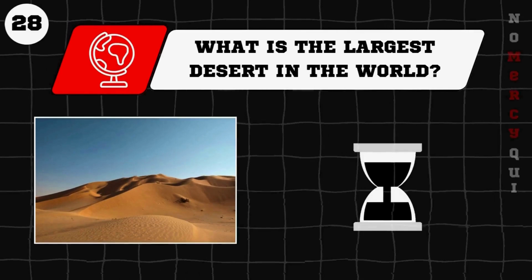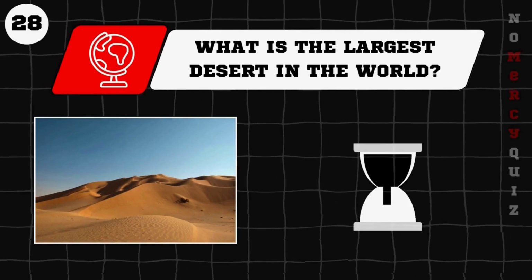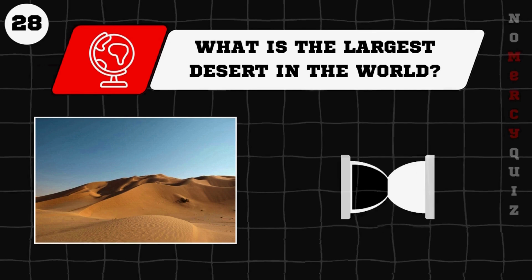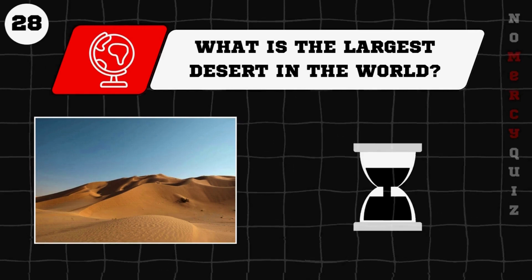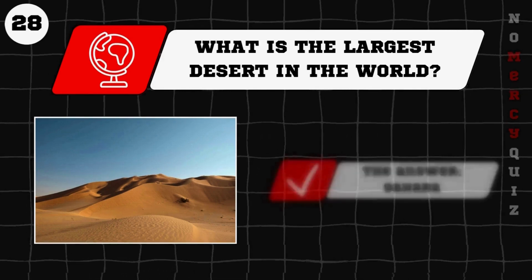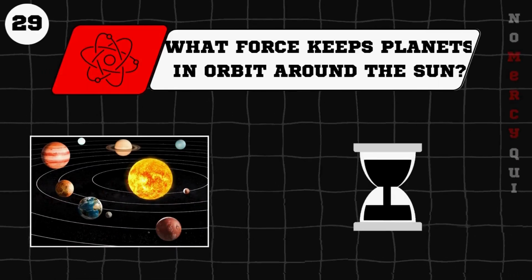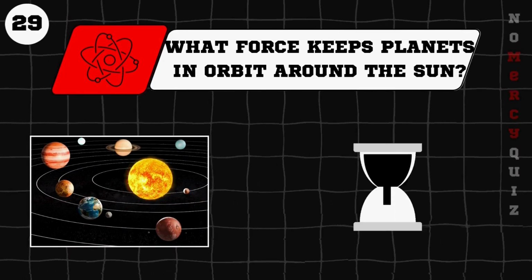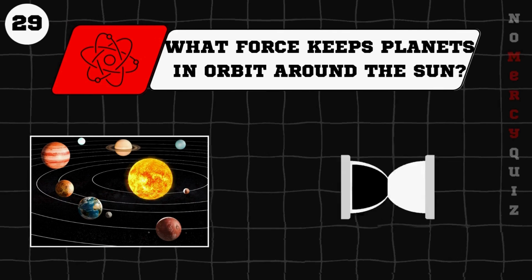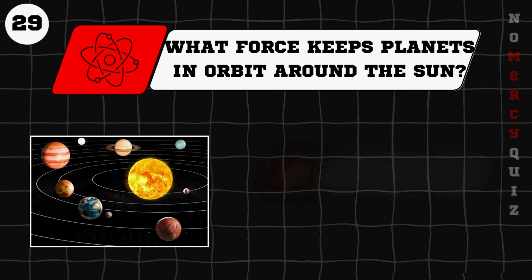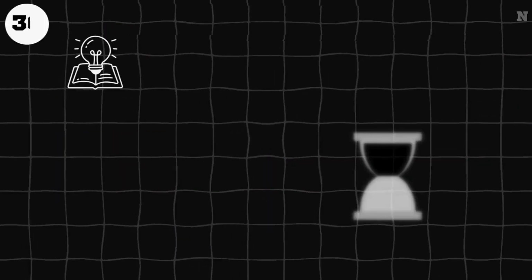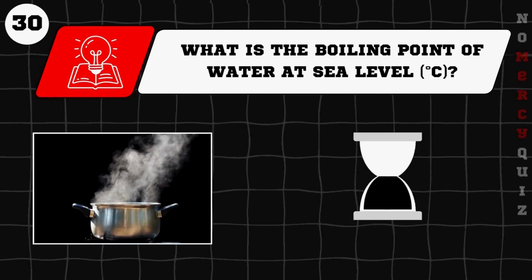What is the largest desert in the world? The Sahara. What force keeps planets in orbit around the Sun? Gravity. What is the boiling point of water at sea level?